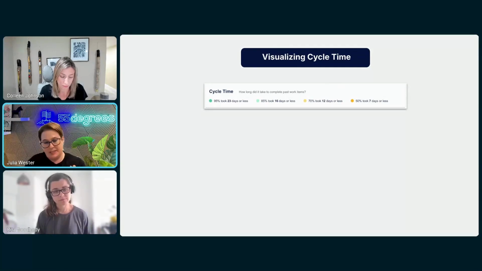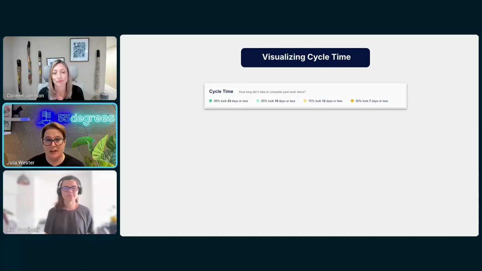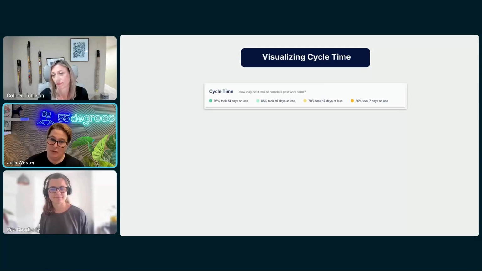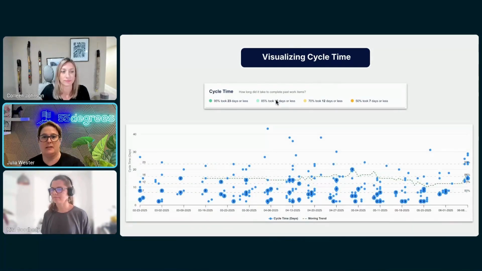Cycle time is the measure of individual items, how long they each take. We can look at how long all of the individual items have taken in the past, and we can understand the likelihoods of how long it will take you to get future work items done. So if you click next, I can talk about these two things together.